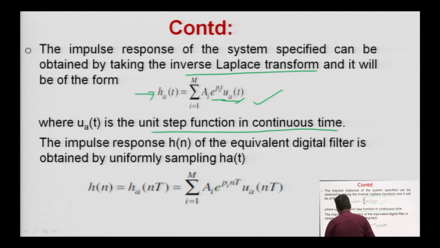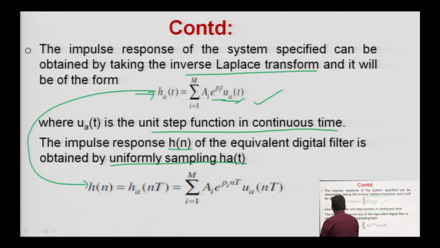Now the first step is clear, you are taking the inverse Laplace transform. Now, you have to do sampling here. You want h(n), the equivalent impulse response of the digital filter, and you will get it by doing the uniform sampling of h_a(t). So, the second step is to do uniform sampling here, then you will get h(n), small h(n).